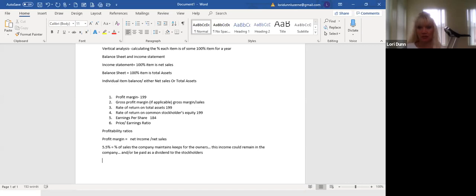It should be at least 30% in that industry. So I can't sit here and say, oh, that's a really good ratio. I don't know. We're just showing you the calculation and what it means. It's up to you to compare it to your competition and to yourself from the past. But this just measures how well the company makes a profit by measuring how much they maintain of their sales.